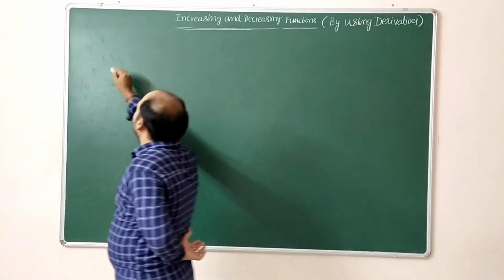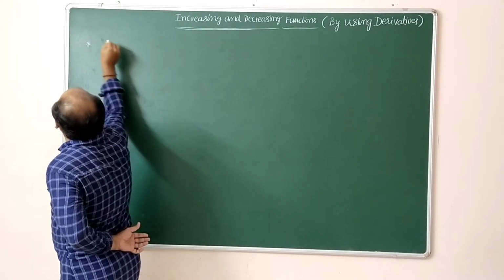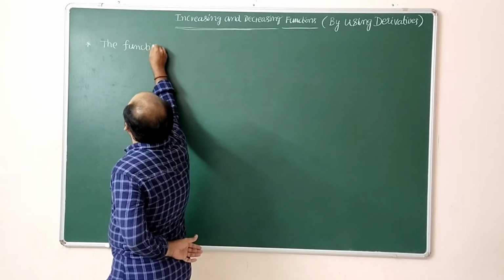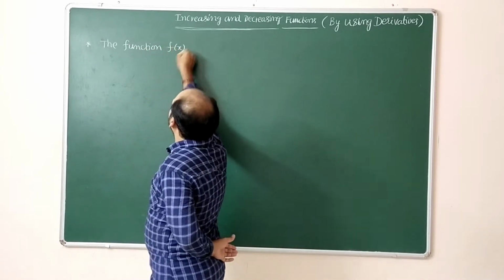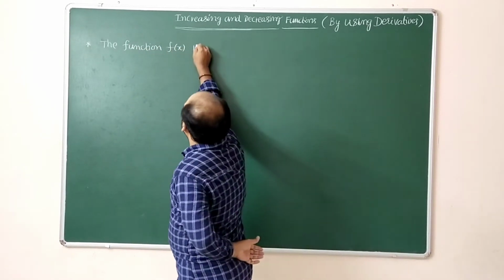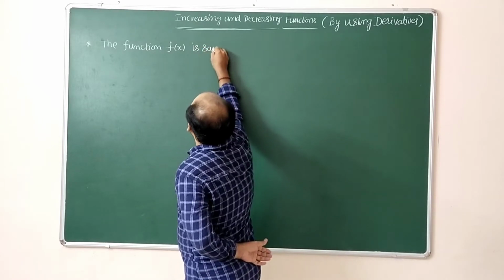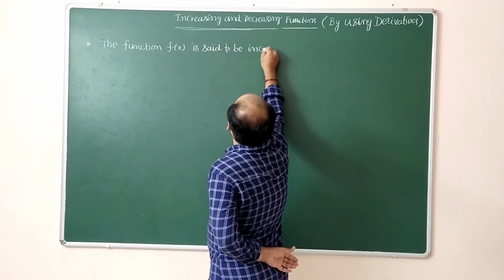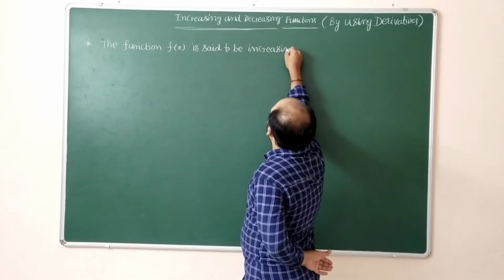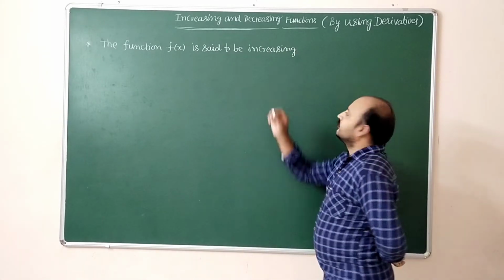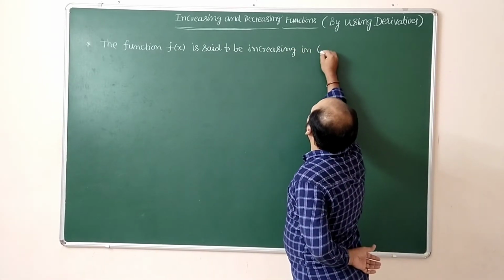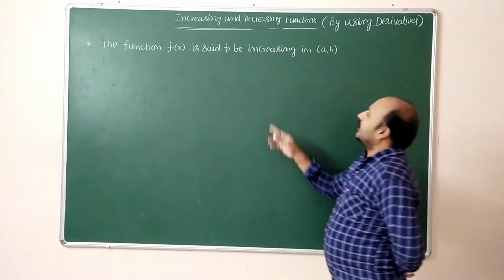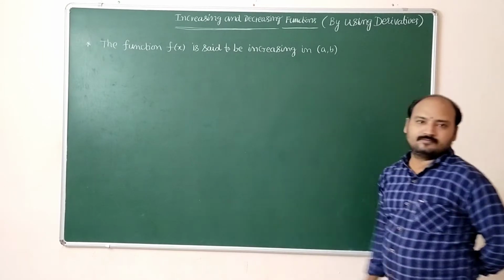See here the function, the first point, the function f of x is said to be increasing in either open interval of a comma b or closed interval of a comma b. The x value belongs to this interval.